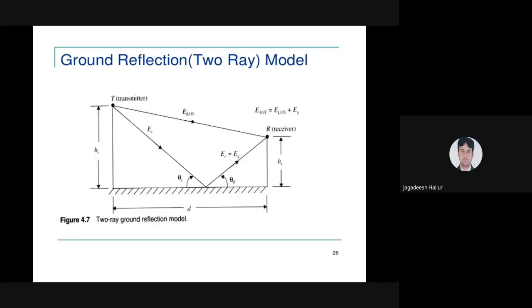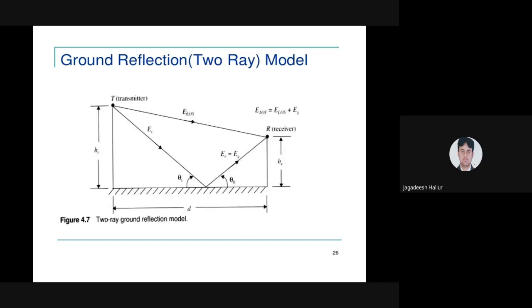I think you understood this. The ground reflection, or two-ray model, has two rays. One is the direct line of sight wave and the second is the ground reflected wave. The direct line of sight wave has a distance of d dash, and the ground reflected wave has a distance of d double dash.